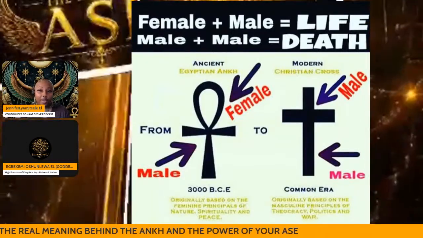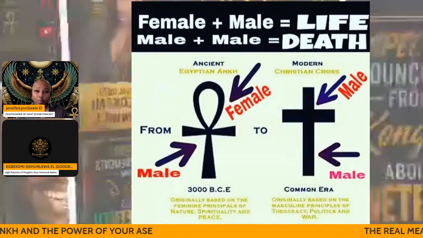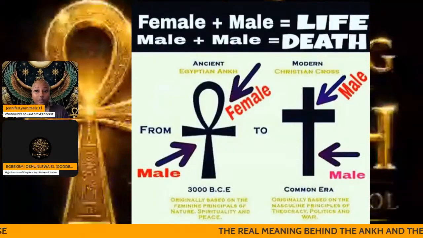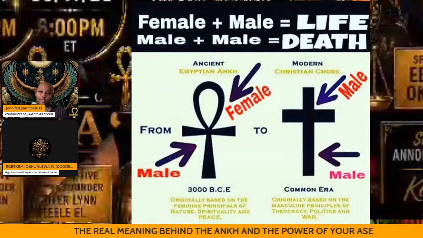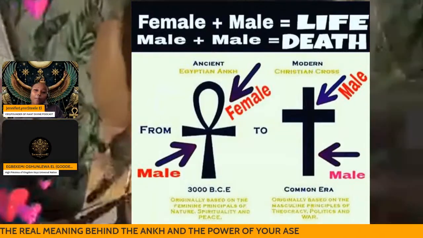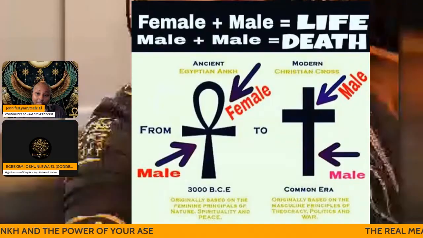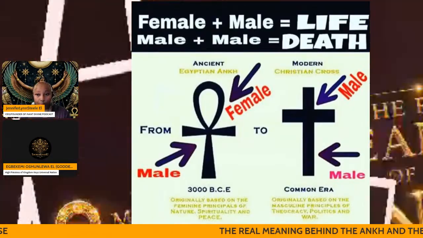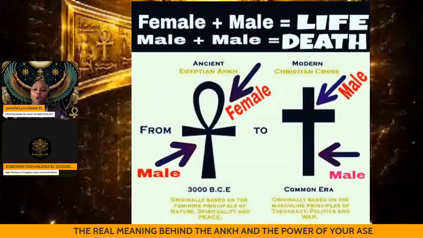The ancient Kemetic principles of Maat taught that life flourishes when there is harmony between the masculine and feminine, spirit and matter, wisdom and action, truth and justice. So without balance, you all, there is chaos. Without balance, there is disorder. Without balance, there is suffering. So the Ankh teaches us to bring these forces into harmony.